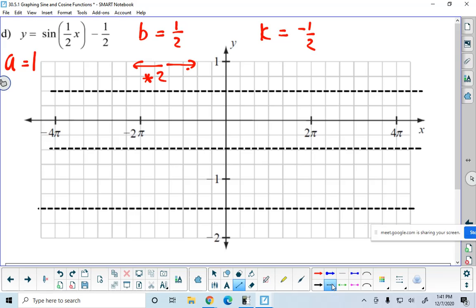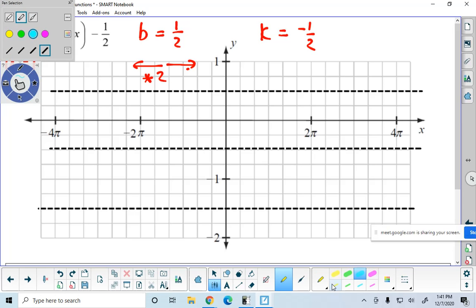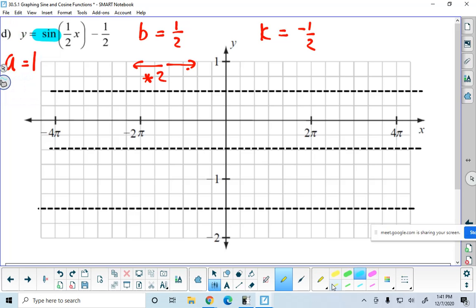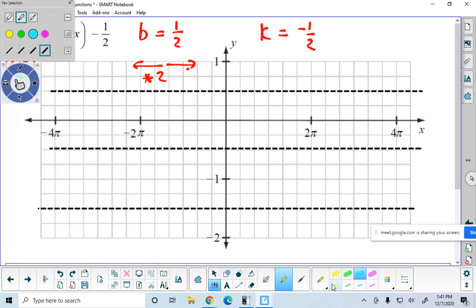Which means whatever we draw has to bounce back and forth an equal distance above the middle and an equal distance below the middle. Now, where does sine normally start? Sine normally has a start point in the middle.